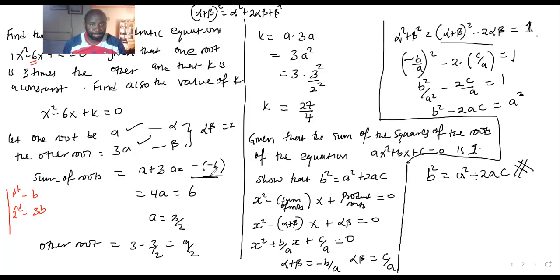Negative times negative, you get positive. The other thing is I wanted to remind people that alpha plus beta is always equal to the negative of the coefficient of x. So the coefficient of x is negative 6, and alpha plus beta is equal to the negative of that, which is positive.